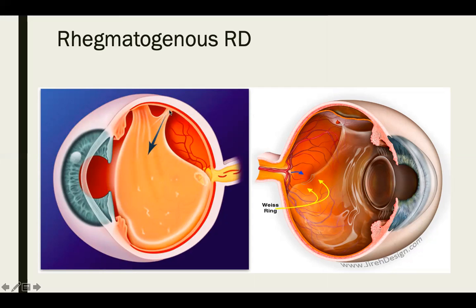Like here, because the vitreous is strongly attached to this area, when it is detached, it also takes away some part of the retina along with it, making a hole, and then the subretinal space is in continuation with this fluid, and it leads to the retinal detachment.